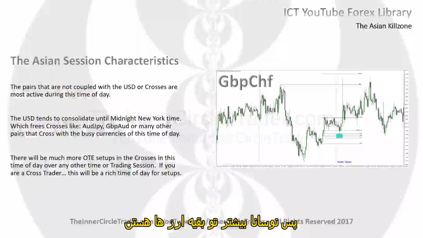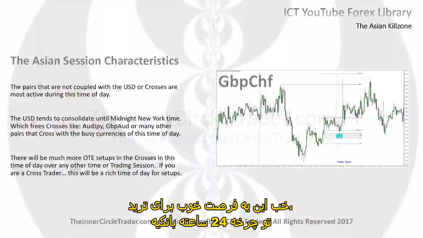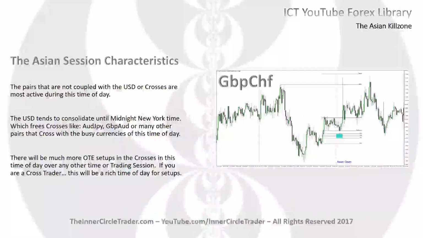So all the movement is going to be done by using the crosses. So if you look for a strong currency against a weak currency during this time of day, and you get an optimal trade entry pattern, you'll get many times a wonderful opportunity to trade during a typical slow period of the 24-hour banking cycle.